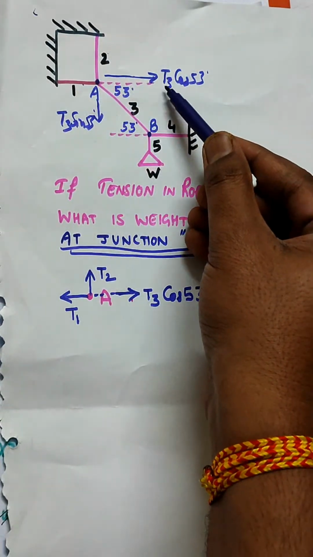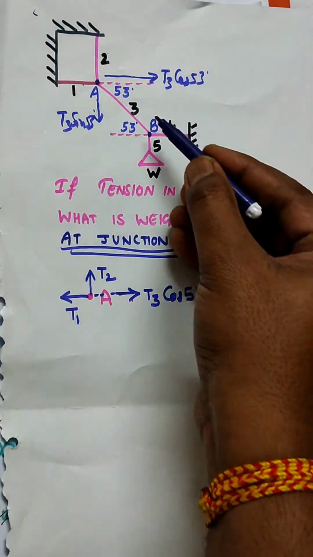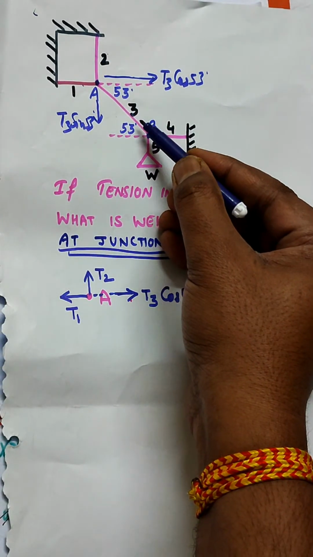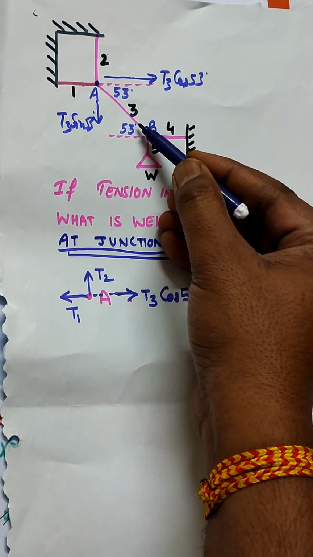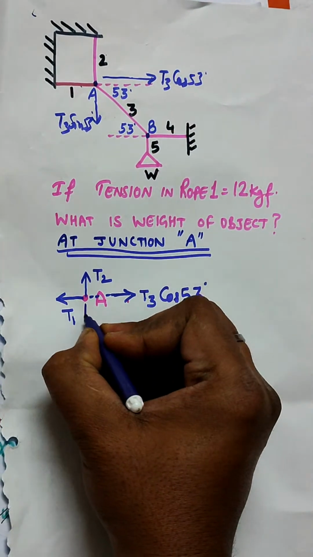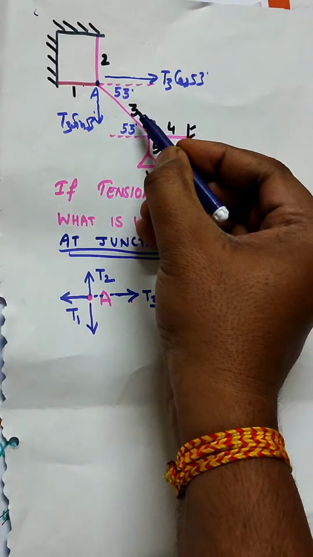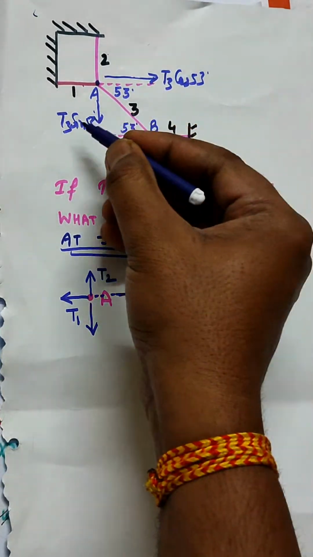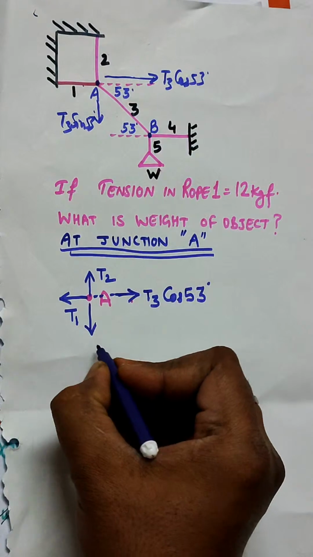On the right hand side, T3 cos 53, acting due to the third rope. Now the component acting downward, the y component of the same T3, is T3 sin 53.